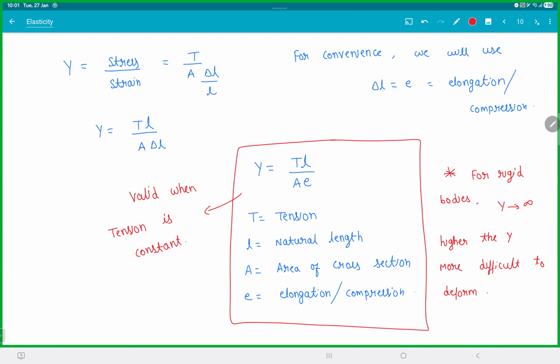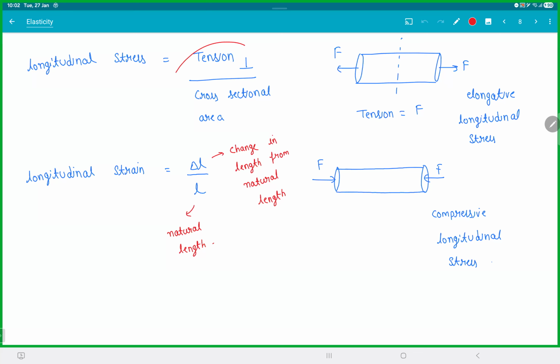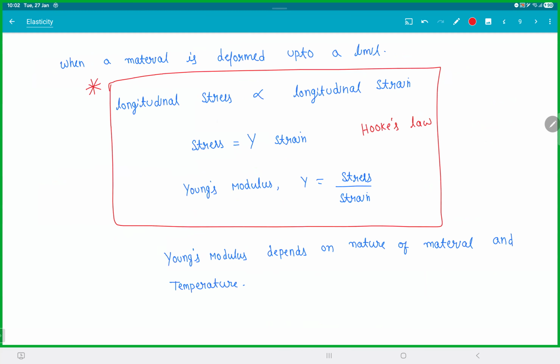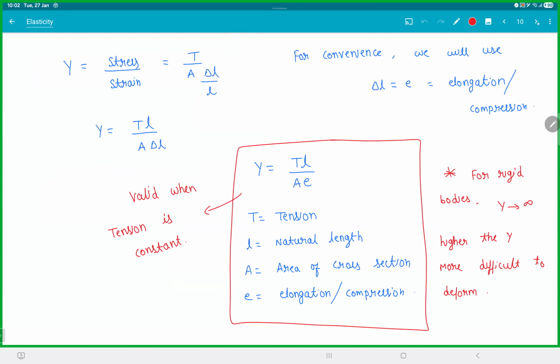Let's see a few questions on this. Again, remember what all things I taught you. I taught you only two things. Longitudinal stress is tension by area. Strain is delta L by L, and stress by strain is Young's modulus, and this is the formula there, TL by AE. Clear? Let's see the first question.